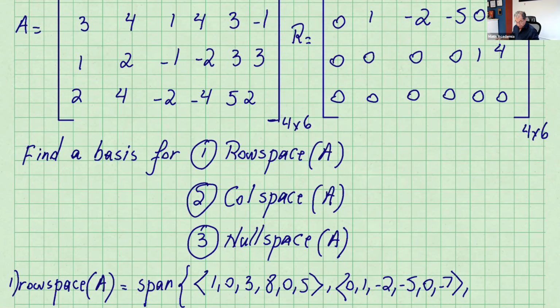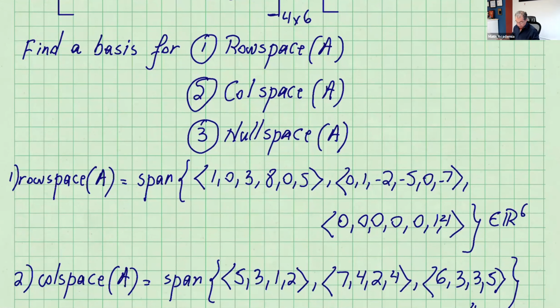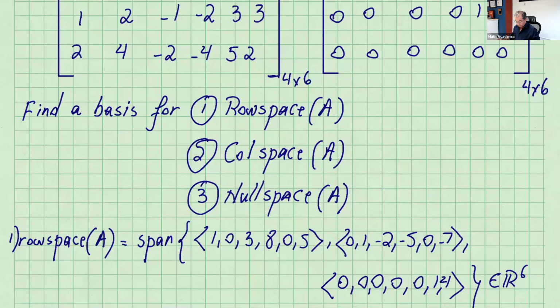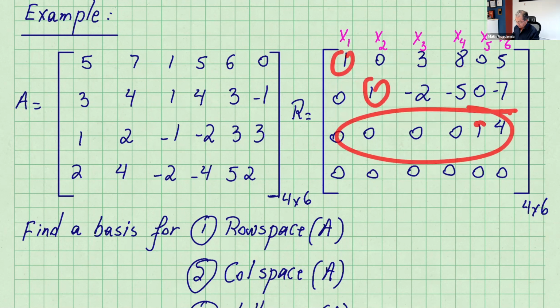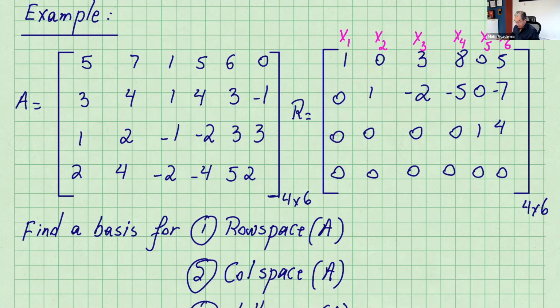For the row space of A, you go to the RREF and get the non-zero rows with the leading ones. These are going to be a basis for the row space.